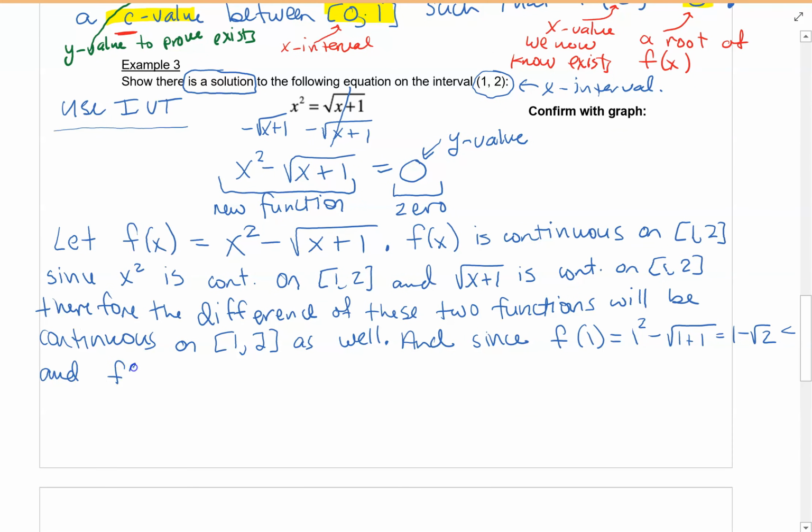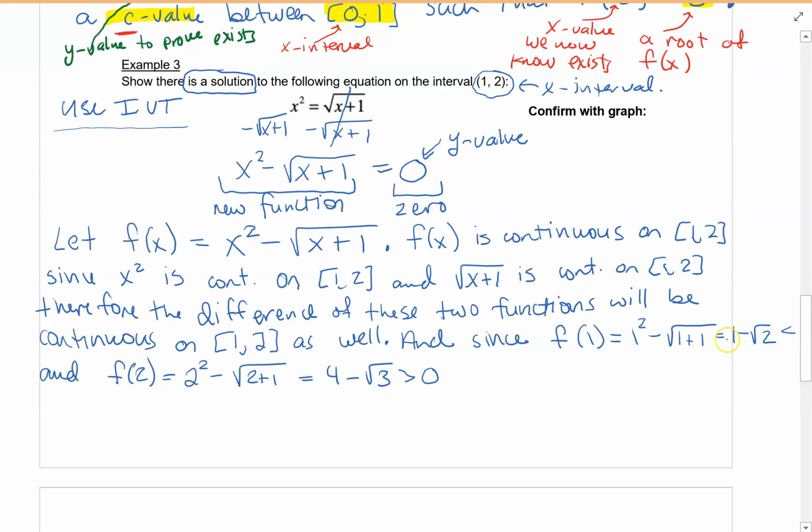And f of 2, now we know the square root of 3 is less than 4 because the square root of 16 is 4 and the square root of 3 is less than the square root of 16. So that means this number is larger, so when you subtract a smaller number, it's positive.